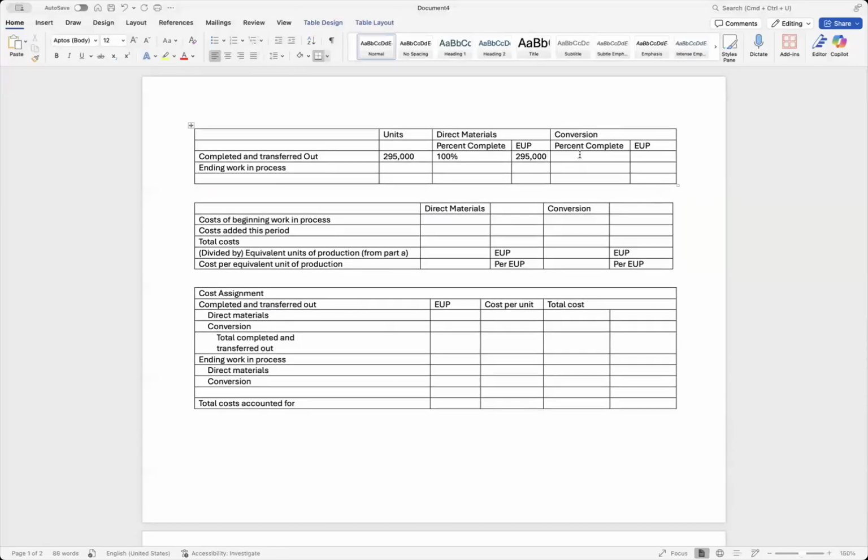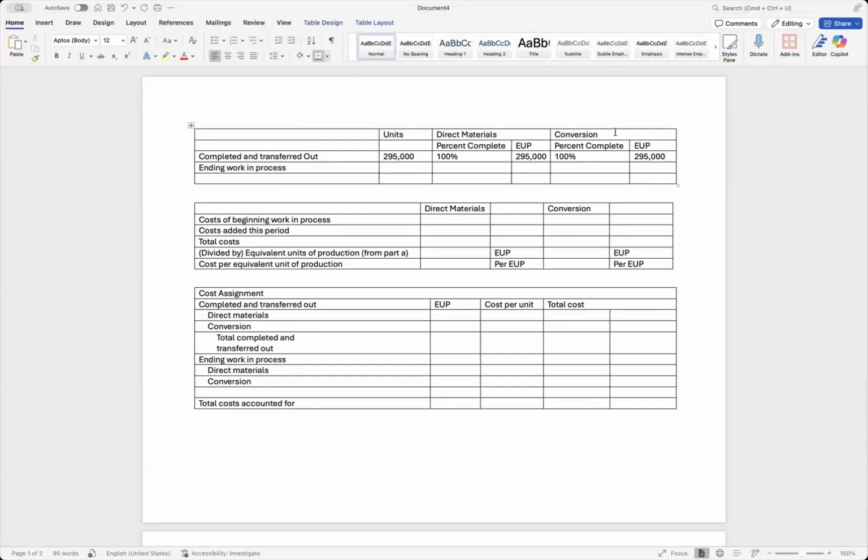So I have my 295 here. In terms of my conversion cost, 100% of my conversion would have been added to my units that are completed and transferred out. So that also gives me 295. So again, these were completed and transferred out. So if they're completed, it means that all the direct materials had to be added into them for them to be completed. So that's why I'm putting 100% complete, and my equivalent units would be 295.